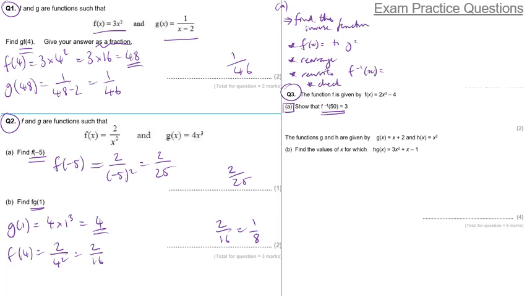So we're going to start off with our function saying we've got y equals 2x cubed take away 4. We want to rearrange this to make x the subject. So we'll start off by adding 4 to both sides. We then need to divide both sides by 2.